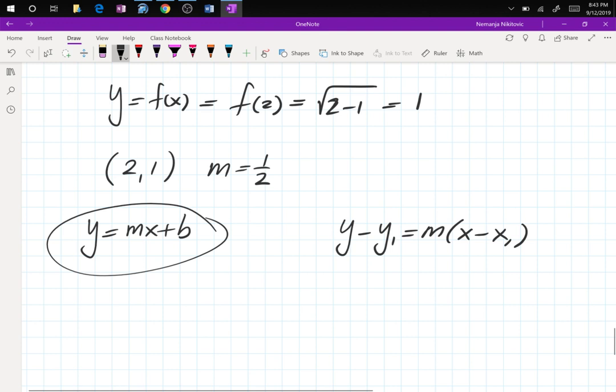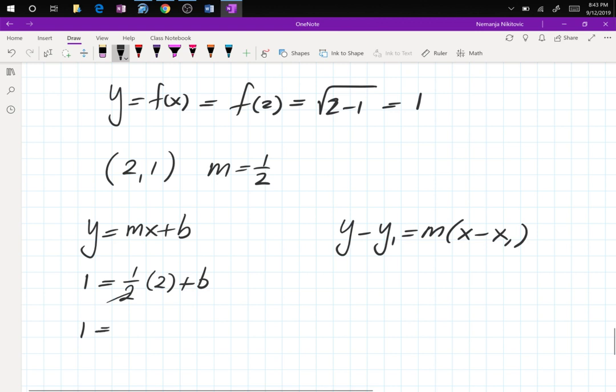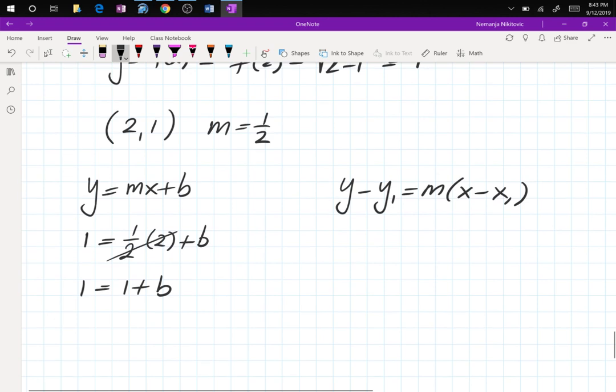Generally, I always use this one. y is equal to 1, slope m is 1/2, x is 2, plus b. 1 is equal to, this cancels, 1 plus b, b equals 0.